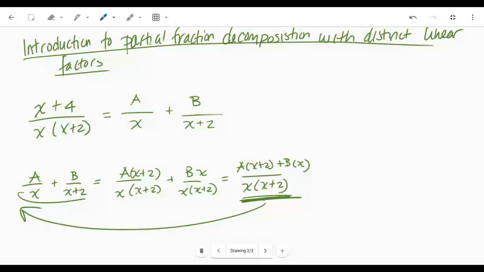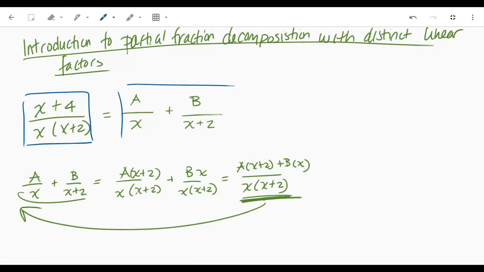Okay, so we are given this. We take a look, we split it into the two factors of the denominator, an x and an x + 2, and we get this.